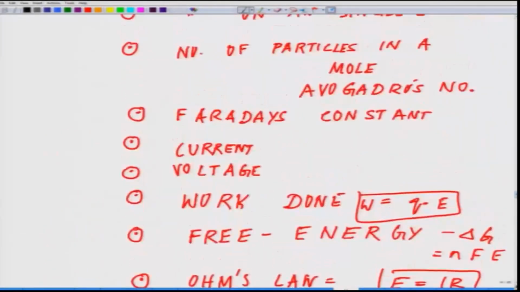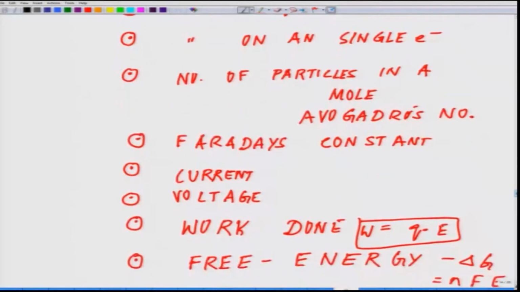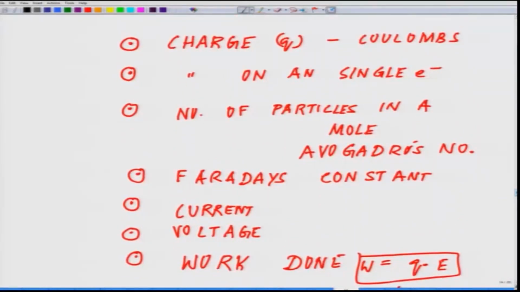Now these fundamental ideas I want you people to regurgitate: what is a charge, why a charge should move from one point to another, say point A to point B, because they will only move when there is a potential difference, an electric potential difference, for a charged particle to move.